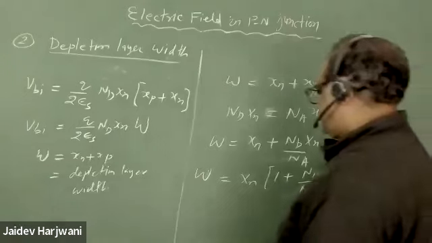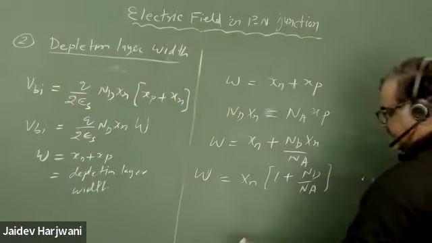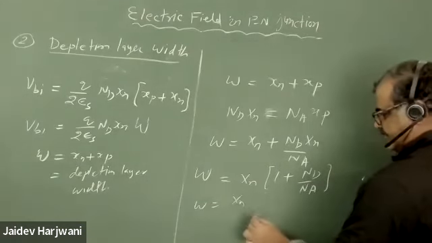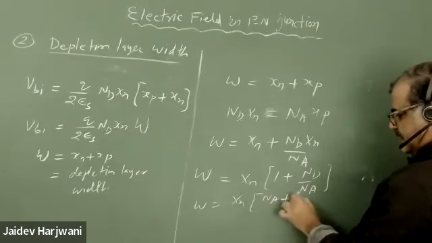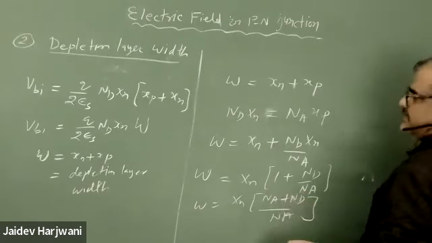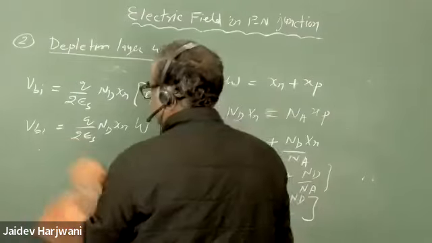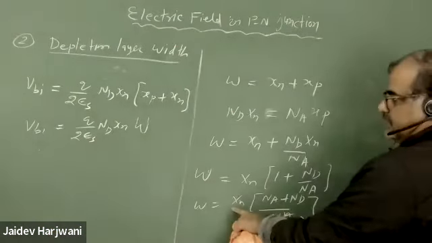Now if I solve it further, this will give me W equal to xn times na plus nd upon na. It's simple mathematics. No need to be afraid. Now I know this W value, I need to put the W value here, the xn value here.